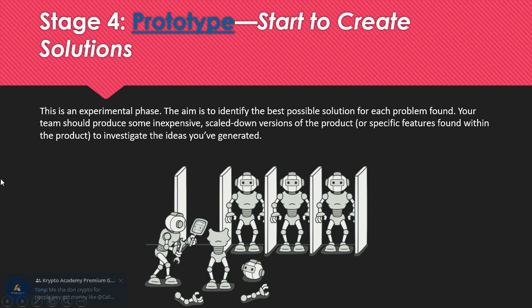So at the prototype stage, it's experimental. What doesn't work doesn't mean it's final. You can always modify. So the aim is to identify the best possible solution for each problem found. Your team, or if you're not working in a team yourself, you should produce some inexpensive, scaled down version of the products to investigate the ideas you've generated.